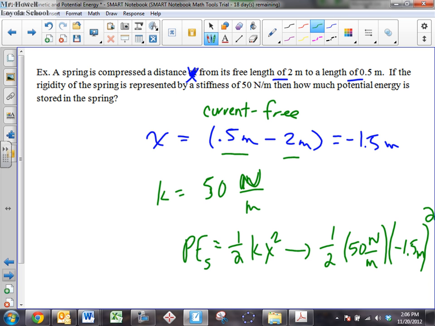Plugging all these values in, we're going to end up getting a value here. Somebody calculate for me. Jeff, what do we got? It's positive, right? Because it's a negative squared, so we're going to have a positive in the end. Remember, we're squaring the negative here, so this becomes positive, yielding a positive answer.